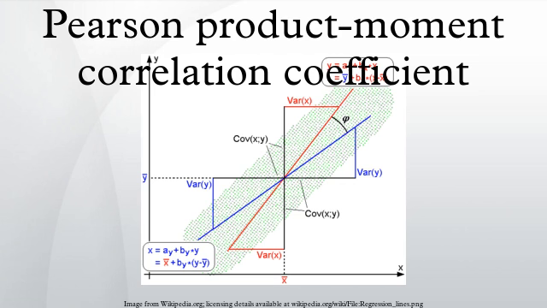Interpretation: the correlation coefficient ranges from -1 to 1. A value of 1 implies that a linear equation describes the relationship between X and Y perfectly, with all data points lying on a line for which Y increases as X increases. A value of -1 implies that all data points lie on a line for which Y decreases as X increases. A value of 0 implies that there is no linear correlation between the variables.